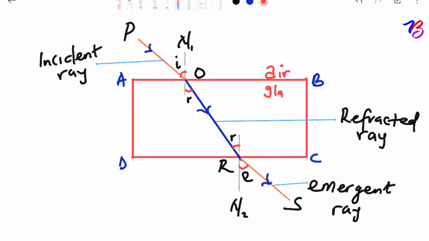Okay. Then we have glass as the second medium. Then we have air as a third, based on the emergent ray. All together, which is why if you check critically, you see that I will be equal to E, because it is air and air. Are we together, please? So let's proceed further now.